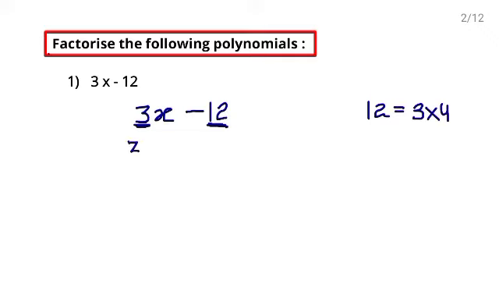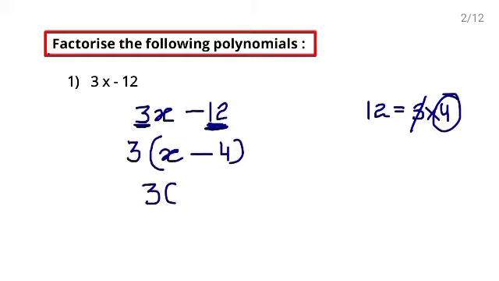So we will take 3 outside the bracket. Now if we have taken 3 outside the bracket, we are left with x inside the bracket minus, now there was 12 and you have taken 3 outside the bracket, so what are you left with? 4. So there will be 4. So this is 3 into x minus 4.